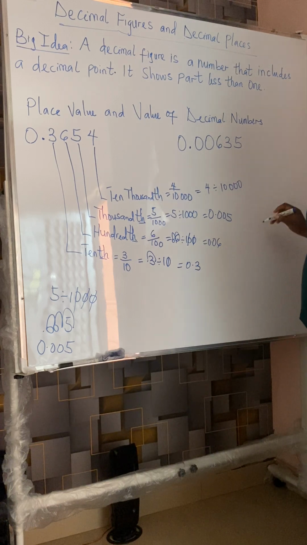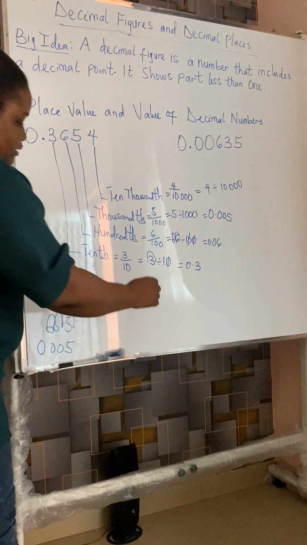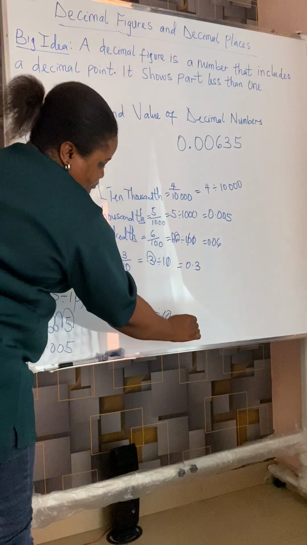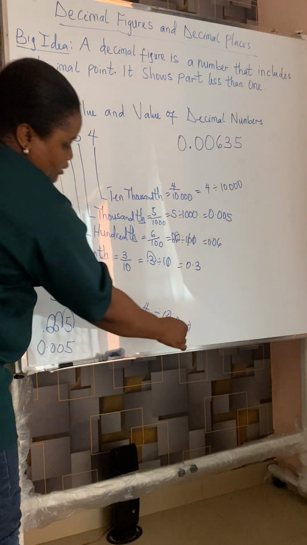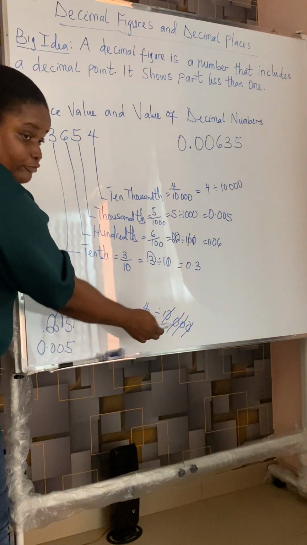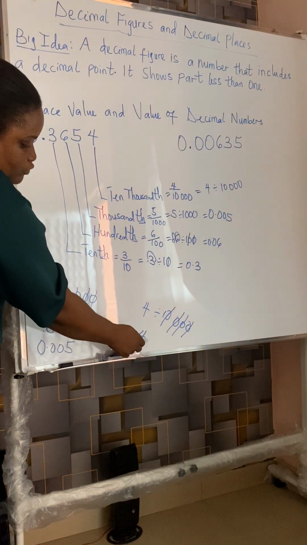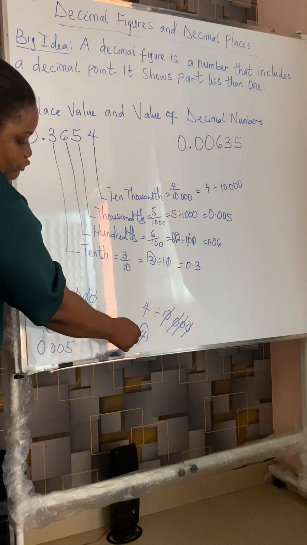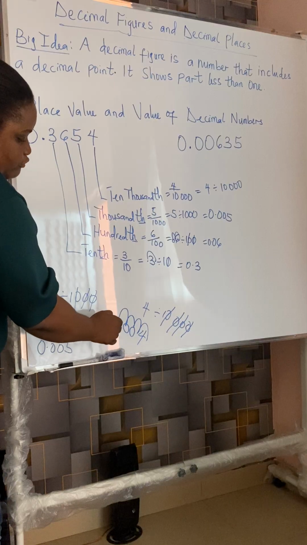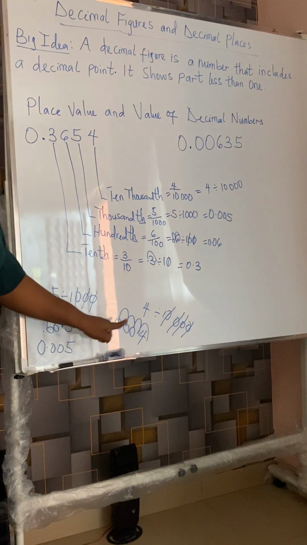I'll break it down here again so that we can actually see this carefully. So this is 4 divided by 10,000. Please notice that there are 1, 2, 3, 4 zeros. So I'm going to use the 4 zeros I have here to move this point here. 1 step forward, 2 steps forward, 3 steps forward, 4 steps. Then my decimal point will move from here to this point.